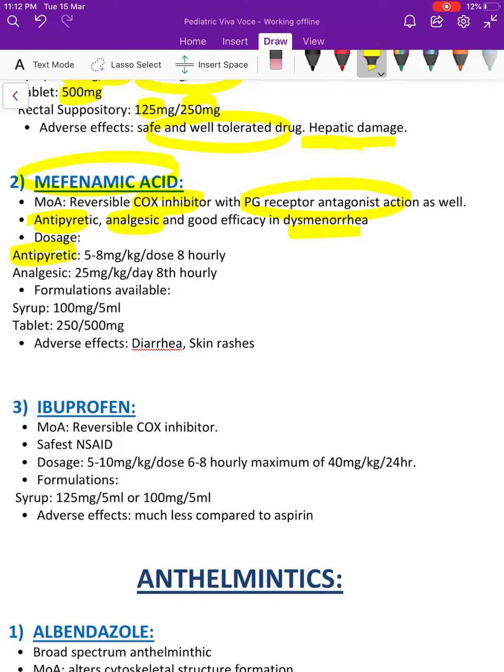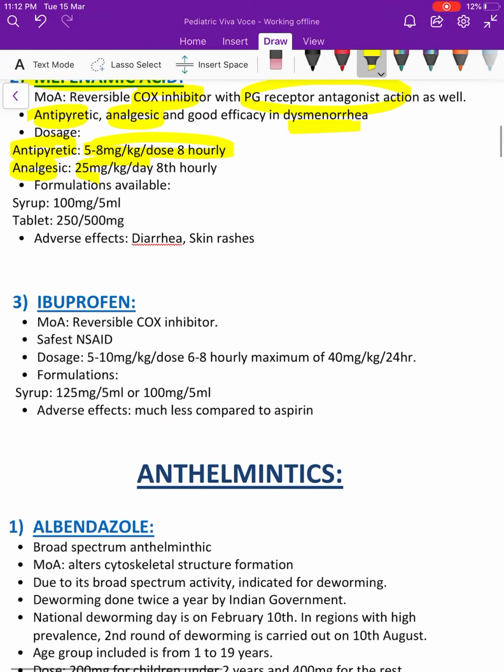For antipyretic dose, it is 5 to 8 mg per kg per dose 8 hourly. As an analgesic, it is 25 mg per kg per day 8 hourly. How is it available? 100 mg per 5 ml syrup or 250 or 500 mg tablets. This is also a safe drug, and a few adverse effects include diarrhea and skin rashes.